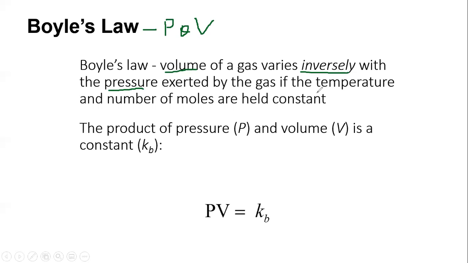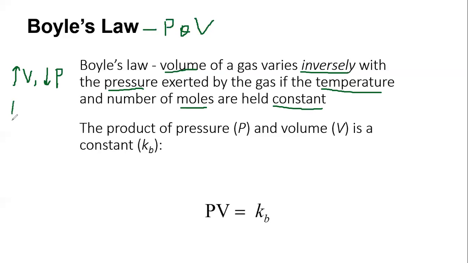And again, temperature and moles are held constant. So there's no change in temperature, no change in the amount, but if you increase the volume, the pressure will react inversely. So what that means is as we increase volume, that's going to cause pressure to decrease.